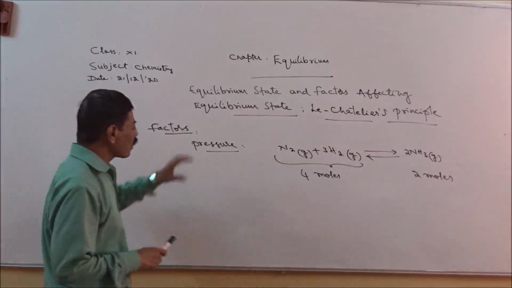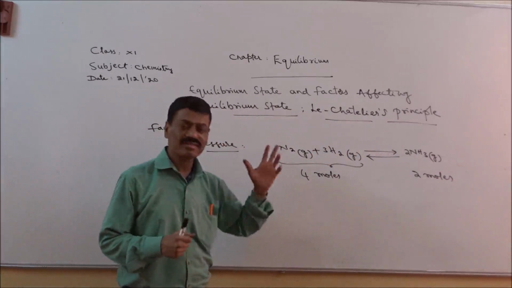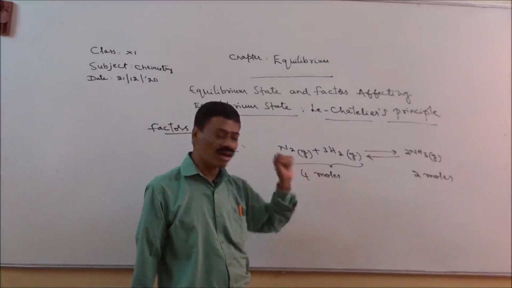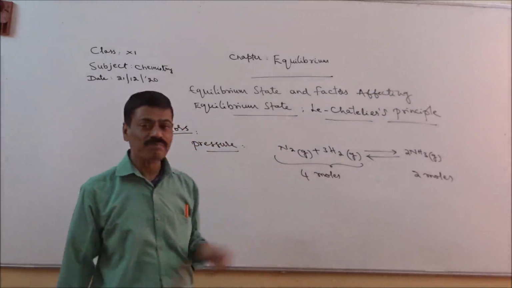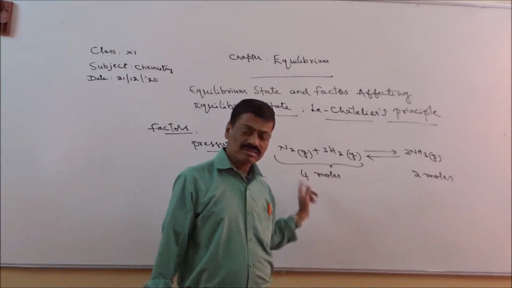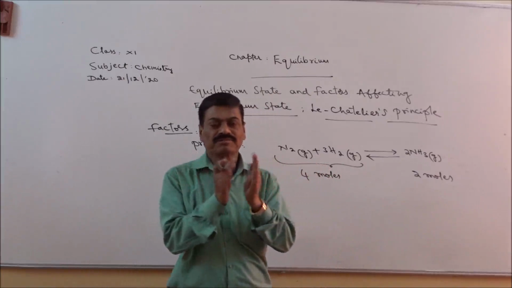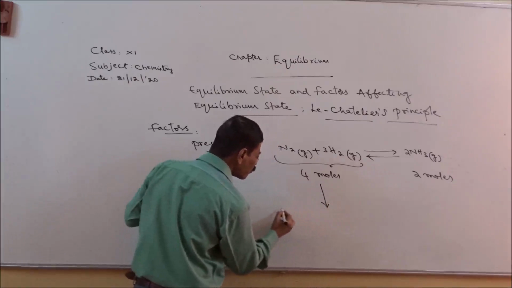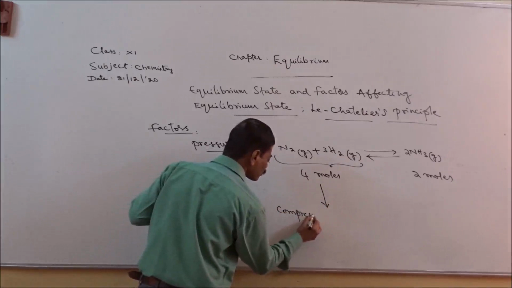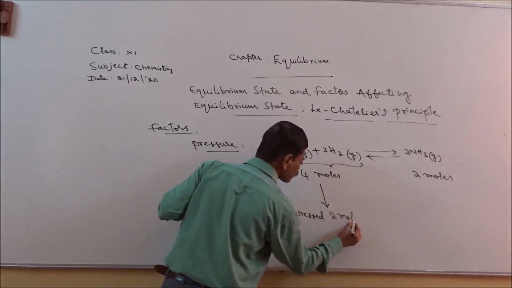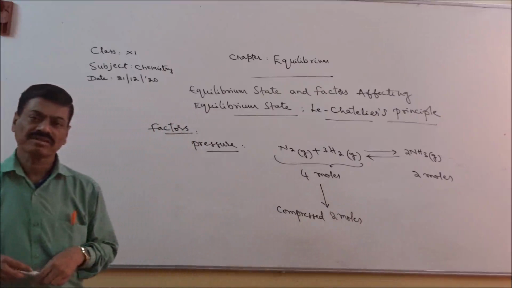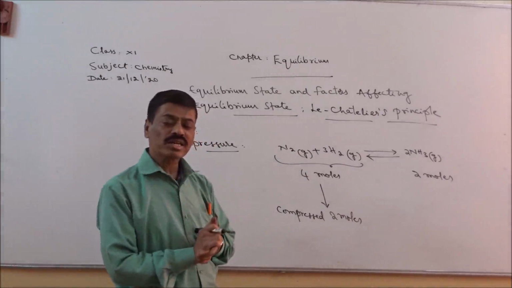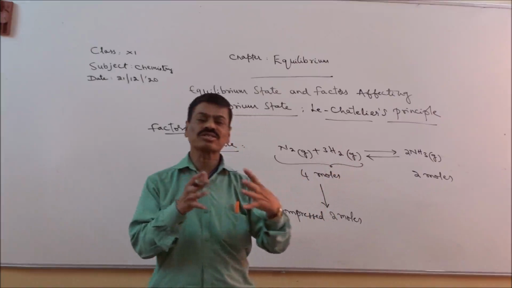Now, the effect of pressure. How does it affect the equilibrium state of this reaction? Let us see. Here altogether we have 4 moles of reactant species. When pressure is applied, the reaction mixture gets compressed. When 4 moles of this reaction mixture is compressed to 2 moles, it means reacting molecules of the reactants are brought very close to each other.